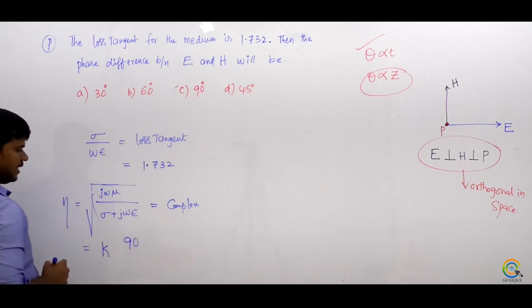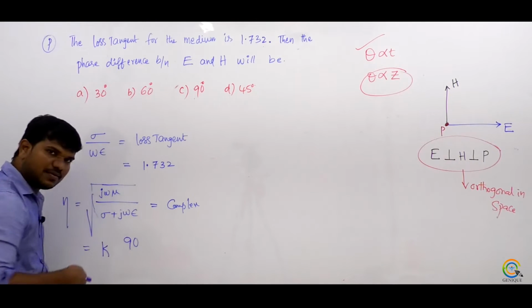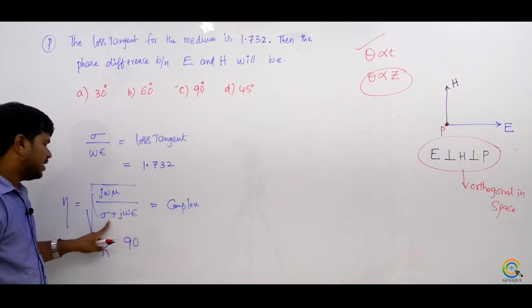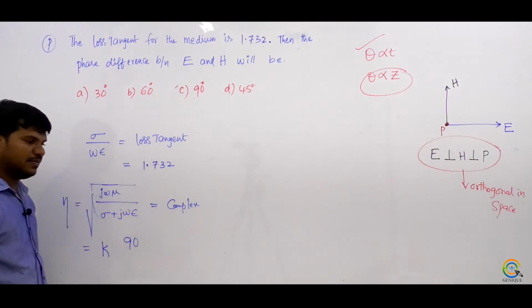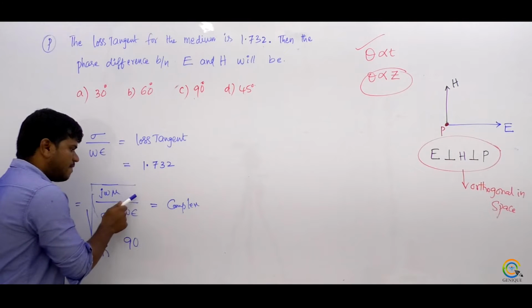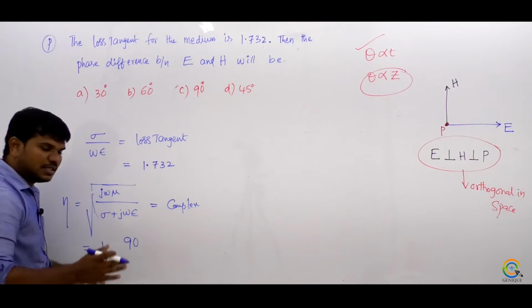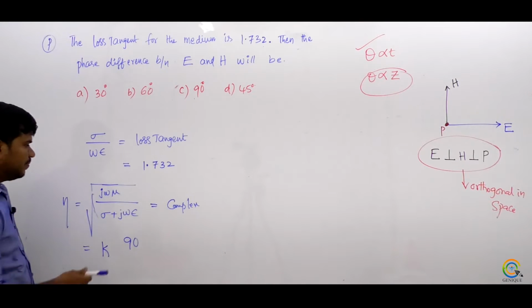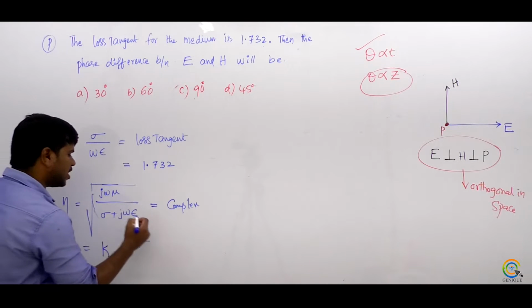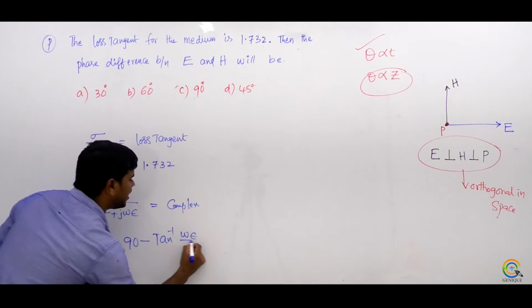For the denominator, tan inverse of omega epsilon divided by sigma.